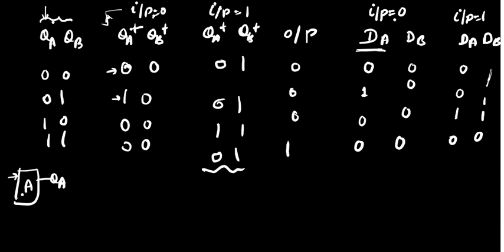Next step is to find out what should be the value of DA in terms of QA, QB, and the input.